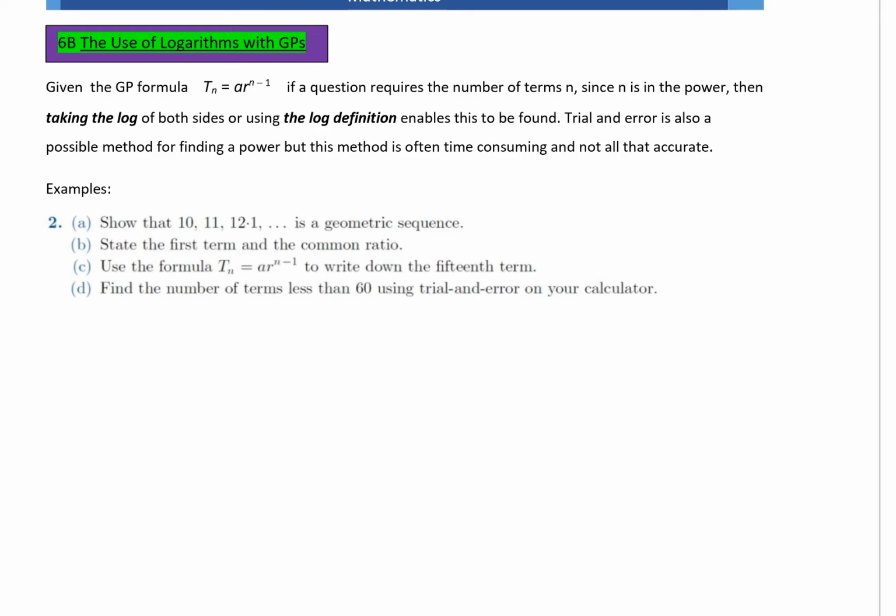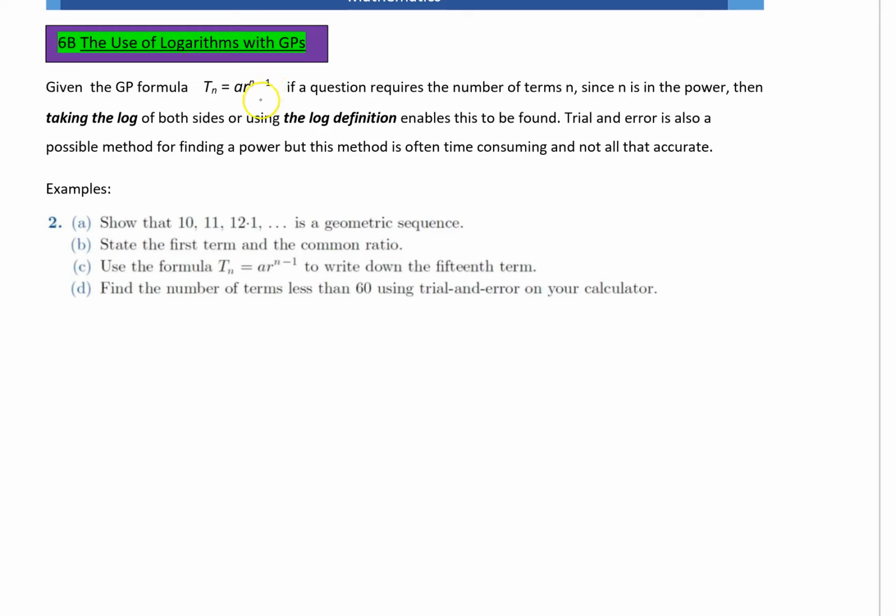So, given that the GP is of the format to find a term in a GP, A times R to the n minus 1, and n being a variable, if you're asked to calculate that variable, you're solving for an exponent. You're solving for a power.